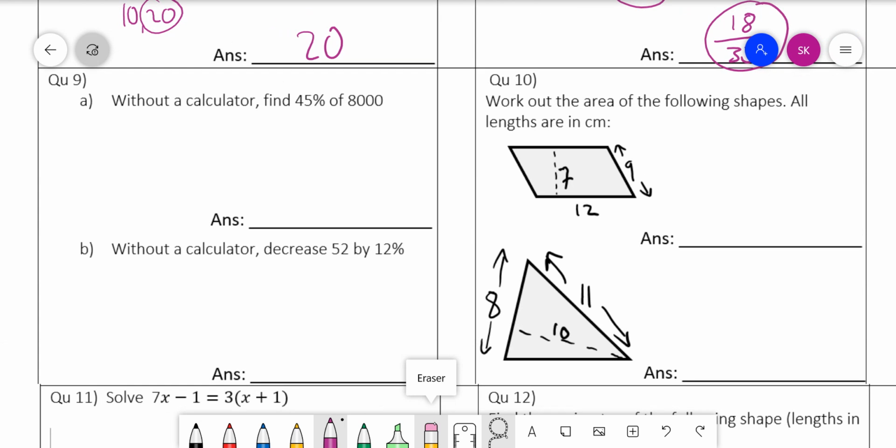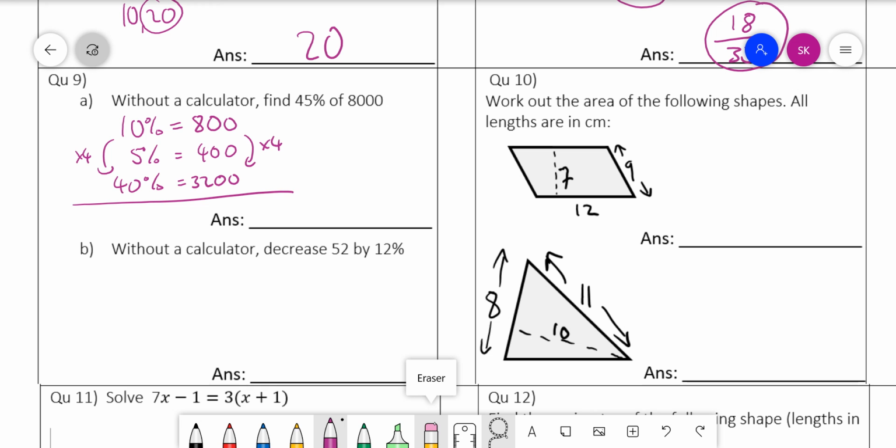Well, because this is quite a nice number, 45%, I'm going to find 10% of 8,000, in other words, divided by 10, which is 800. I'm going to find 5%, which is half of that, 400. And 40% is 4 lots of the 10, which is 3,200.